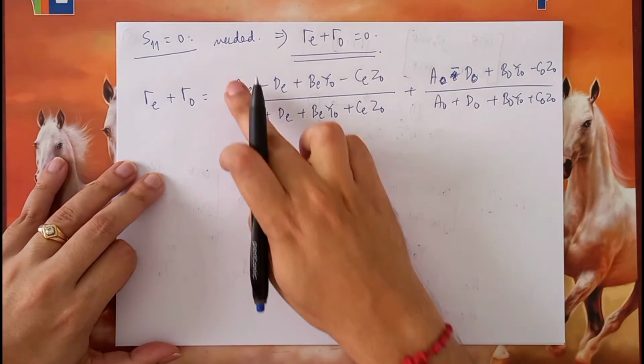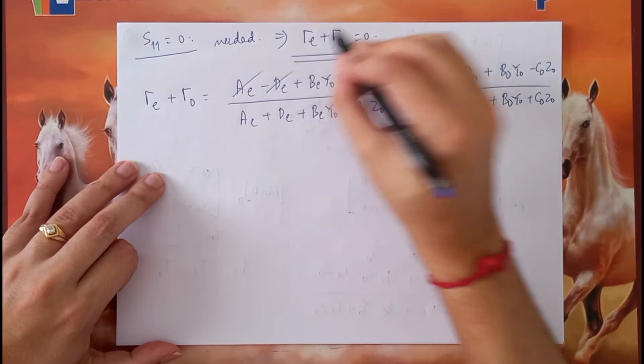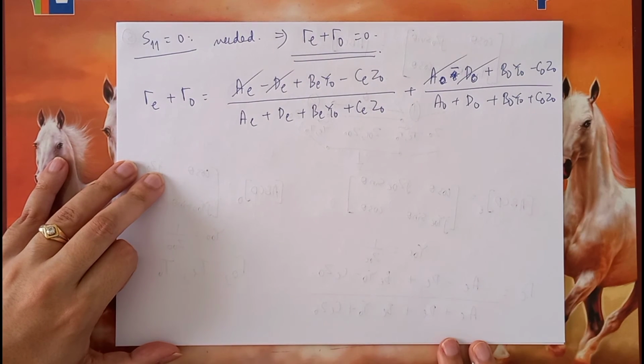So we know that A and D are equal to each other from that previous matrix, so these will get cancelled.